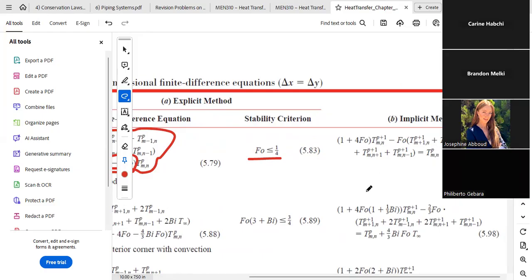And then you will express T_(m,n)^p as a function of temperature at p+1 at all other cells. But the solution here is not explicit. So you need to solve for T_(m,n)^(p+1) as a function of T^(p+1) in the adjacent cells, which makes the solution more complex.